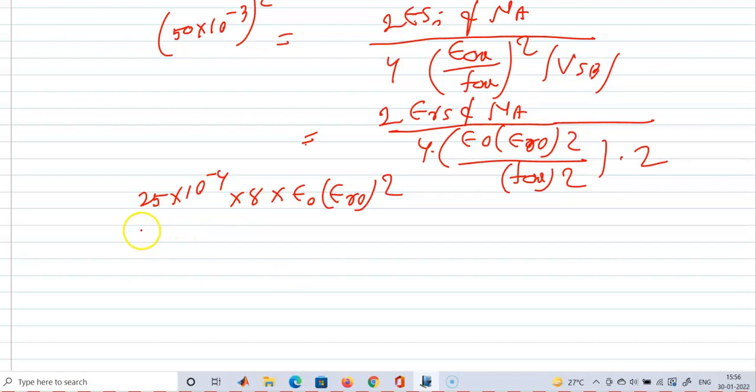What remains for the division to find Na? Division of this and this.